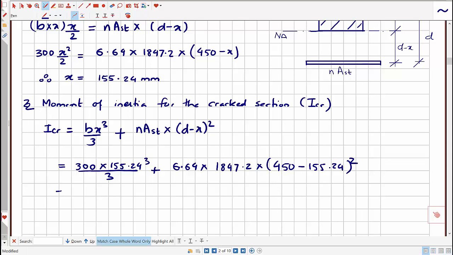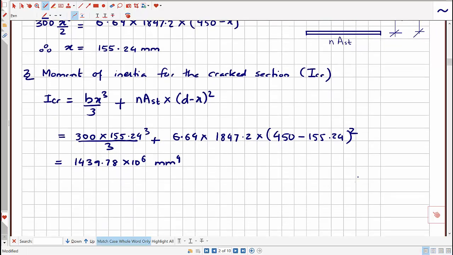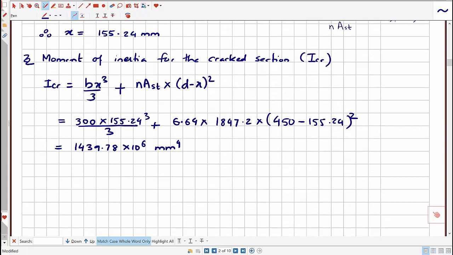Now if you compute that, it will come out to the moment of inertia for the cracked section. And we are one step closer to finding the effective moment of inertia here.